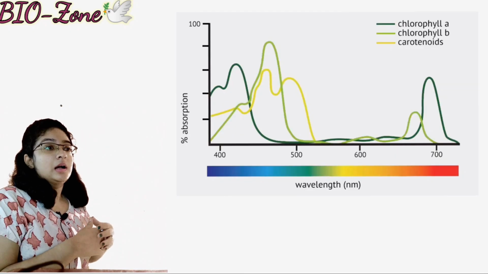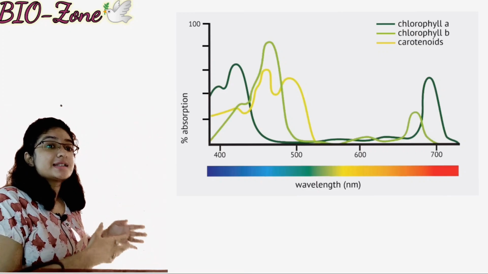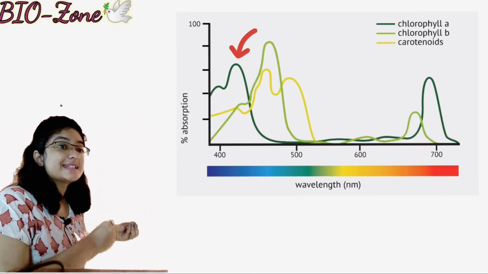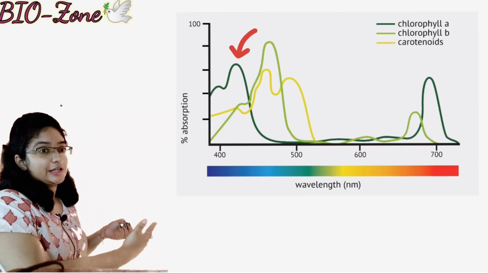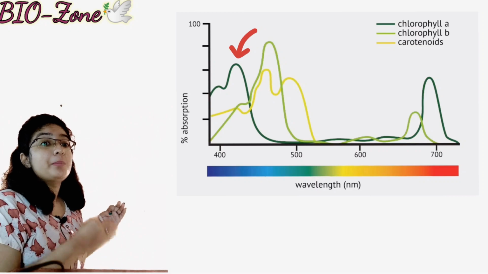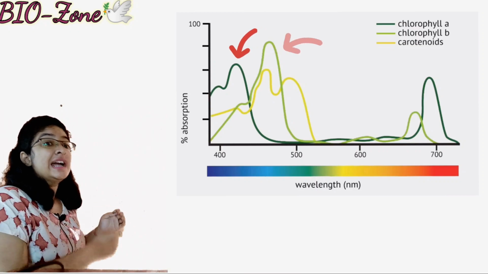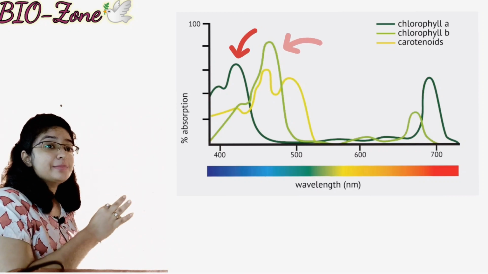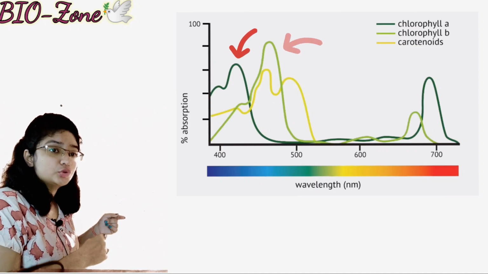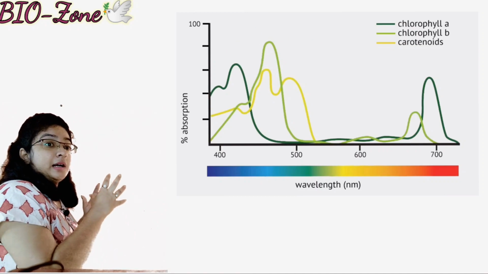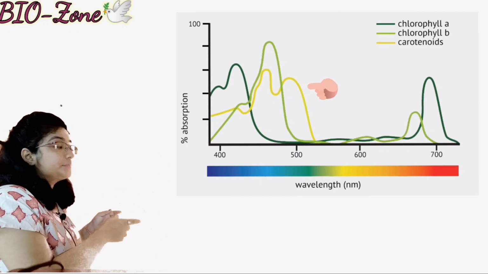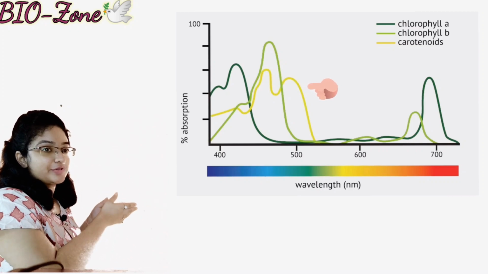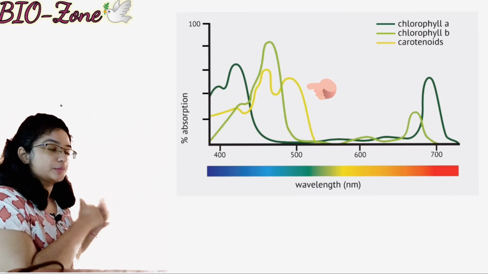Okay. So what we can see in the next graph is that chlorophyll A produces its peak sufficiently in the blue zone and the red zone, but in comparison, chlorophyll B produces a higher peak in the red zone but not in the blue zone. Next is the carotenoid, which shows its peak in the central region, near the blue zone.